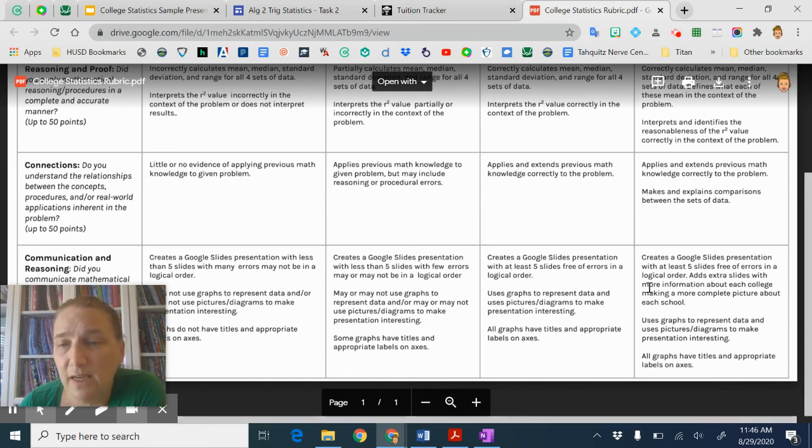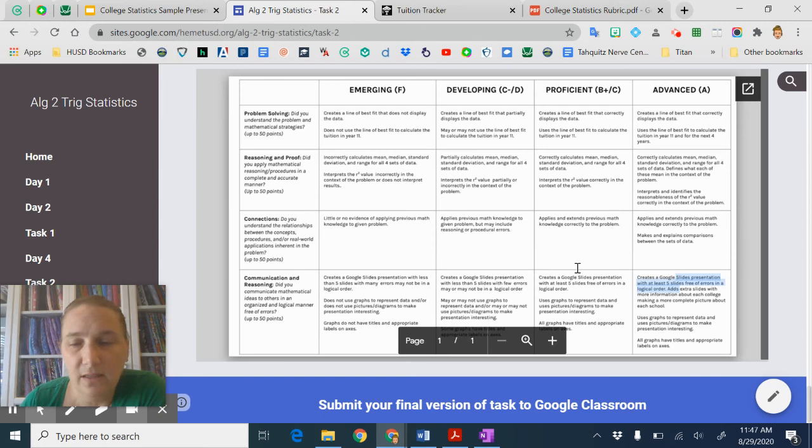You can add extra slides with more information about each college, making a more complete picture about each school. Use graphs to represent data and use pictures and diagrams to make the presentation interesting. And all graphs have titles and appropriate labels on axes, which you will see in some of the other videos. So that is what this is about.